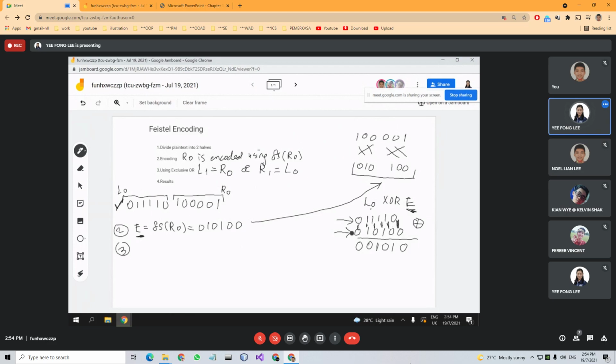Now for step number 3, we have L1 equals R0, and then R1 equals L0. So you look at the formula, I put it here. Now here I get 1, 0, 0. How many 0s here?